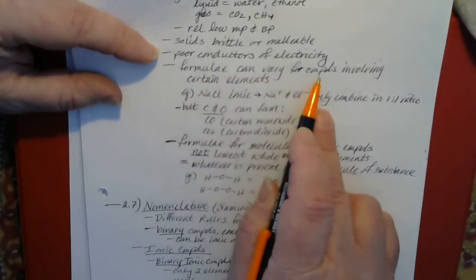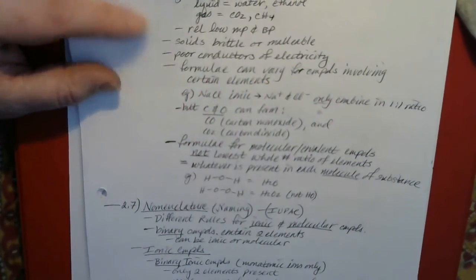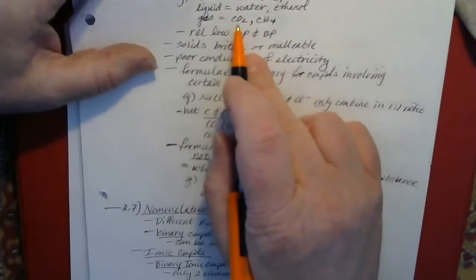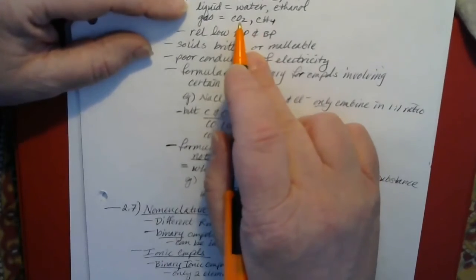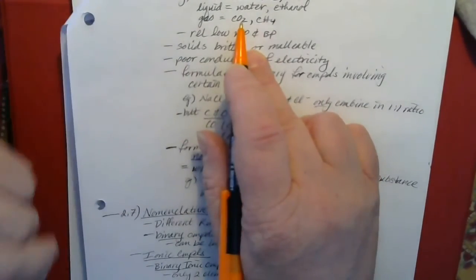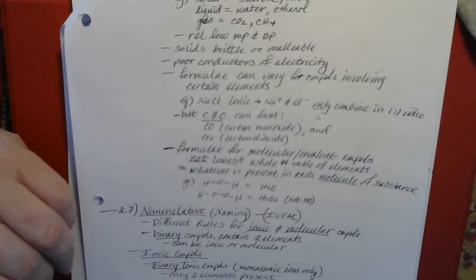The formulas can vary for compounds involving the same elements. So as with the polyatomic ions, when you combine nonmetal elements with each other, you can often do it in more than one way. Like, for instance, carbon monoxide versus carbon dioxide, CO versus CO2. Those are two different compounds, but they involve the same elements.